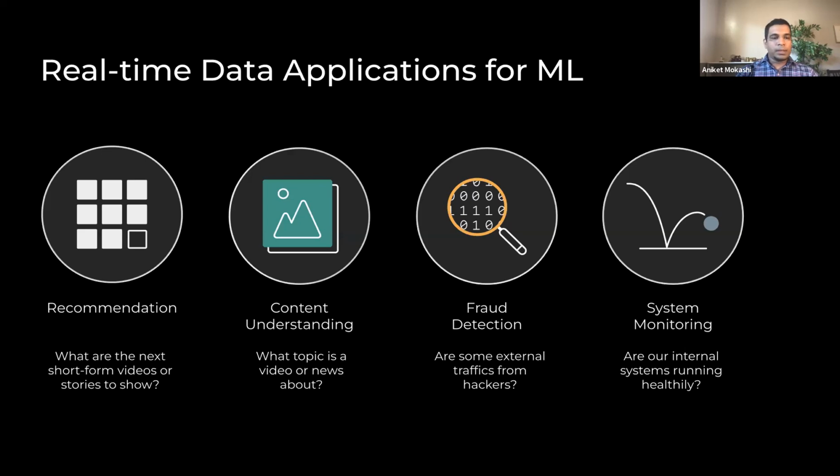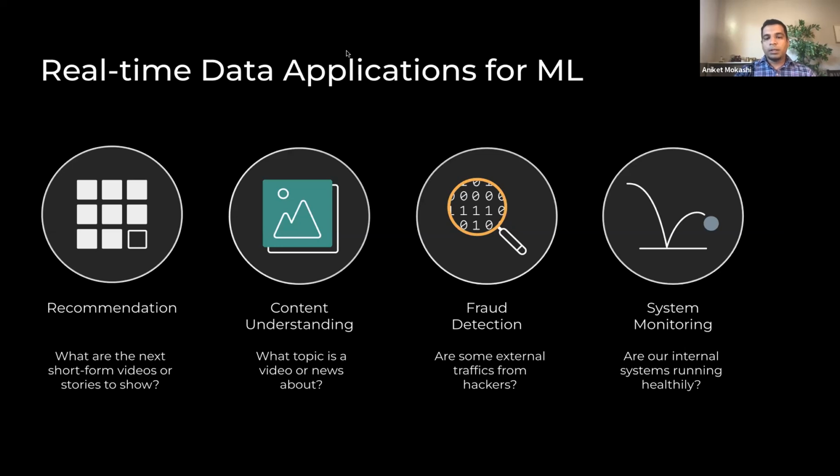There are a few examples I can try to talk about. For example, real-time ML gets used in recommendations. We're trying to figure out what kind of short-form videos or stories our users would be interested in. All that use case gets powered by real-time machine learning. Content understanding: what topic is the video or news about, like all the content on our platform, extracting that in real time so that we can take actions on it.